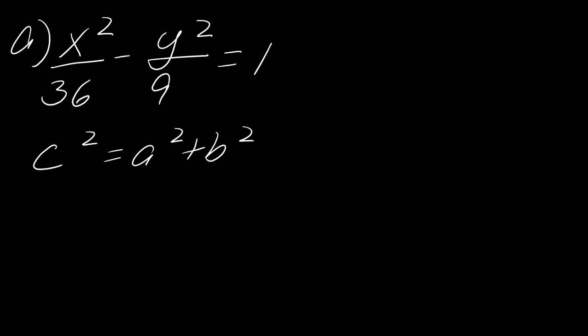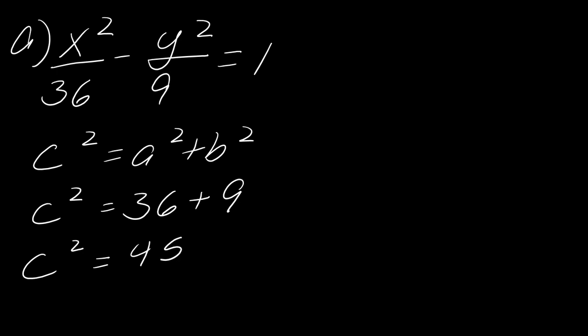Okay, so anyways, this is going to be c squared equals 36 plus 9. So c squared is going to equal 45. My c then is just going to be the square root of 45, which I could rewrite as 3 square root of 5.